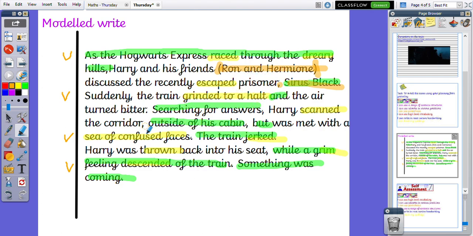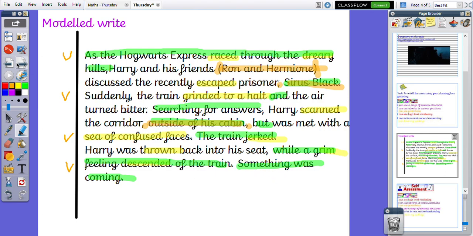I've used commas here for parentheses to tell me where the corridor was. So the corridor was outside of Harry's cabin. Okay, so I have used parentheses. I can't check my handwriting because I've typed it, however you can, and I checked my spellings as I went. However, this is something you can go back and do yourself.